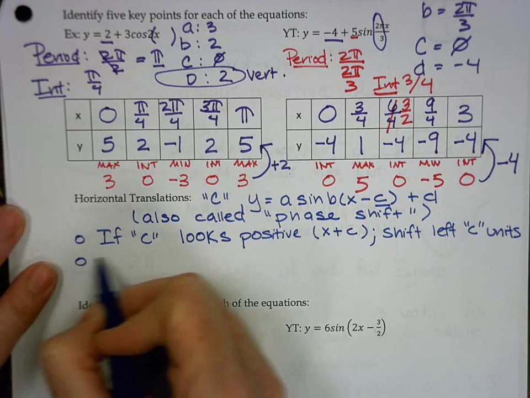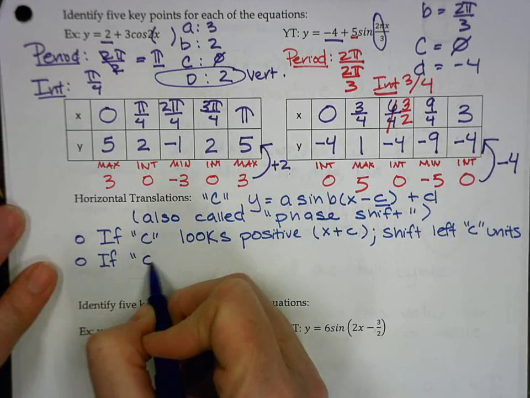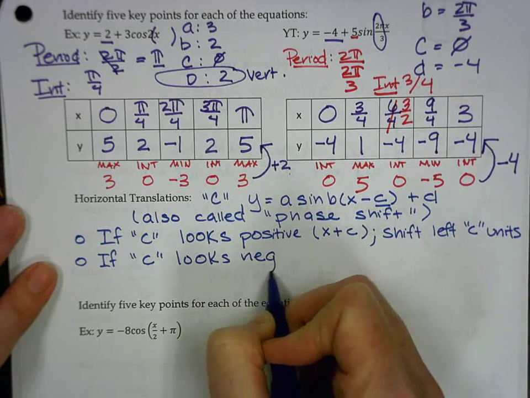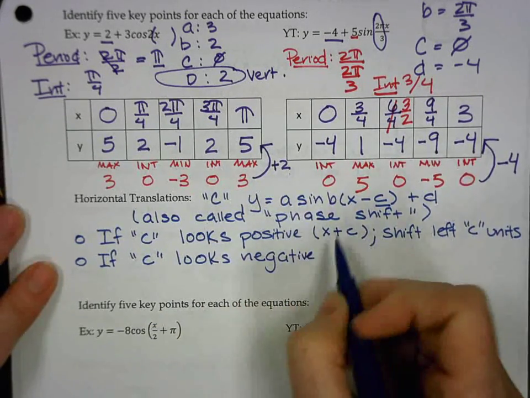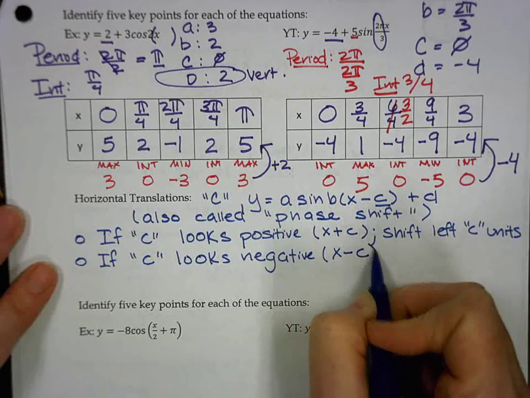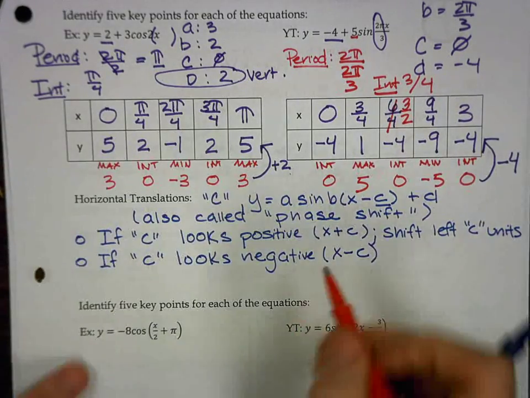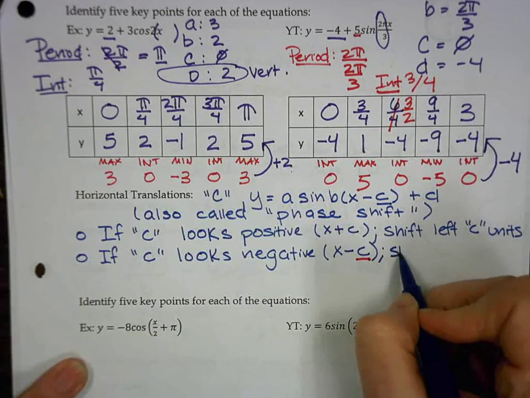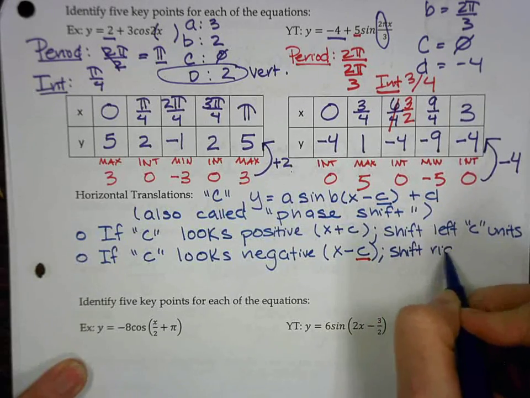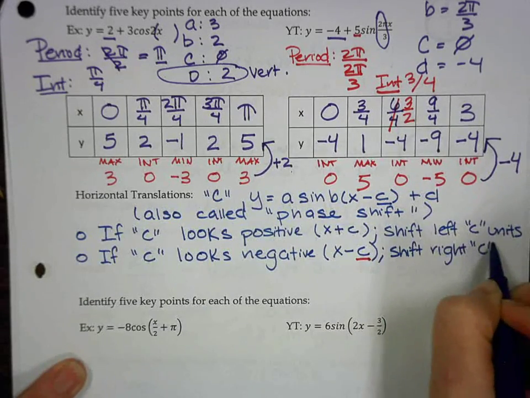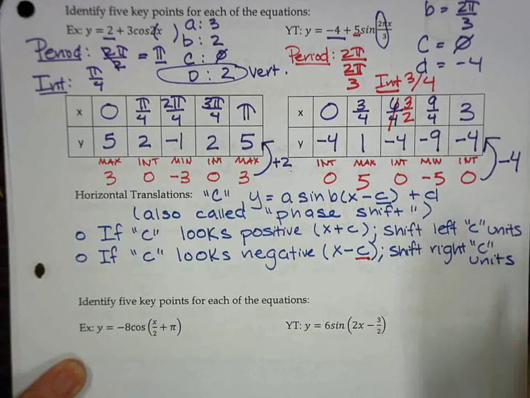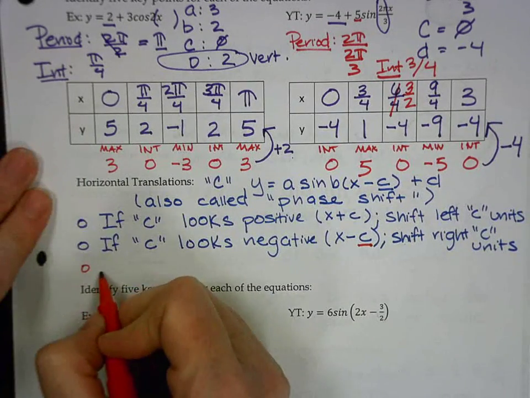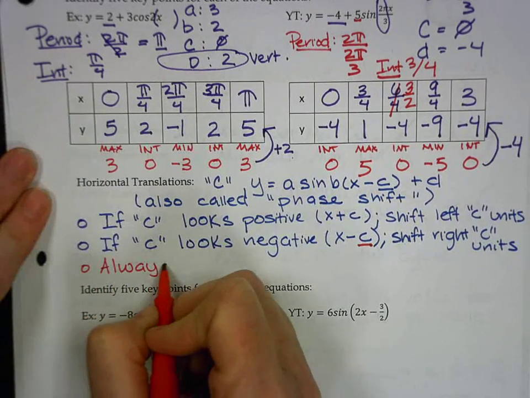And conversely, if C looks negative, and so it has in the parentheses x minus C, what's really happening? Well, C itself is really positive. So what are we shifting? We are shifting right C units.